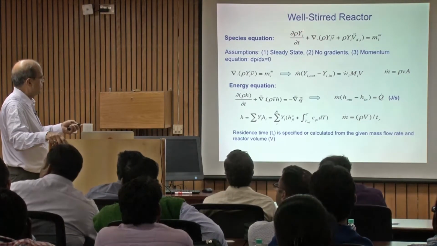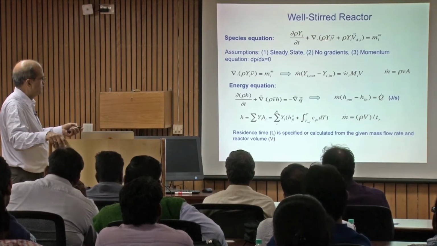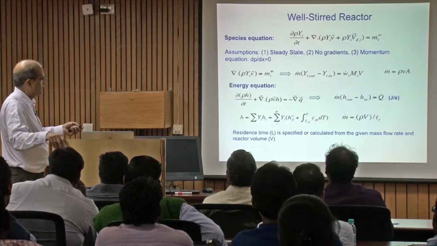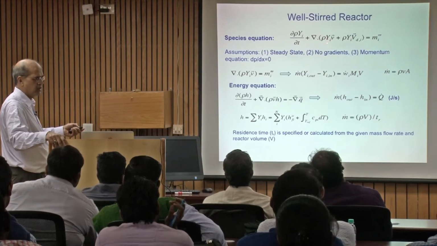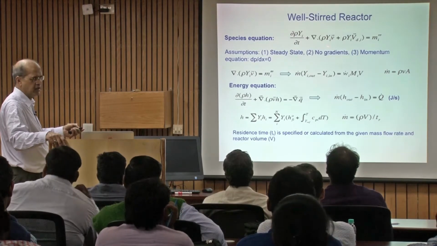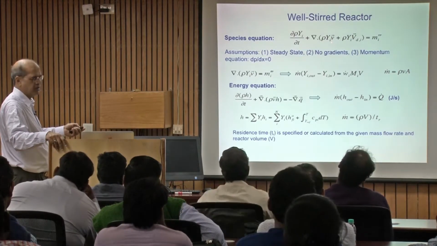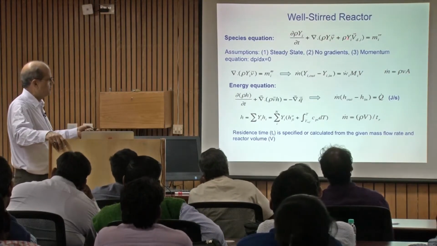Okay, the rate of change of mass of species I. Then here you have, so this is a divergence vector. So, this is that rho I, which is rho times yi. Then that is the velocity vector. So, that is the convective flux, and this is the diffusive flux.